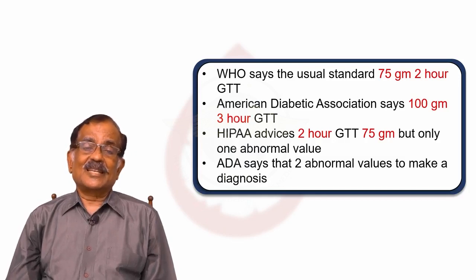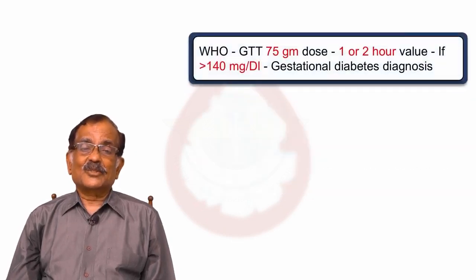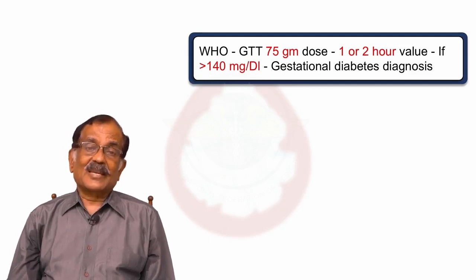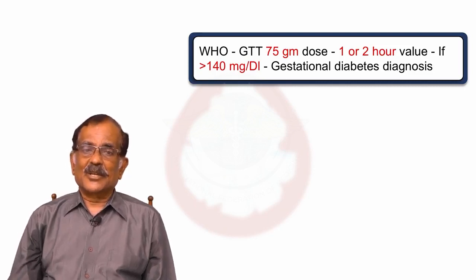So I'll say that for the ordinary WHO GTT, you give 75 gram glucose and do a 1 hour and 2 hour value. If the 2 hour value is more than 140, you can make a diagnosis of gestational diabetes. That is, more than 140 in an ordinary GTT in a non-pregnant lady will be equivalent to pre-diabetes. Here that is taken as diabetes by WHO.